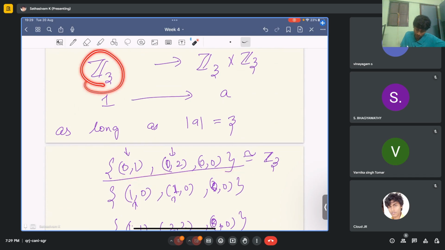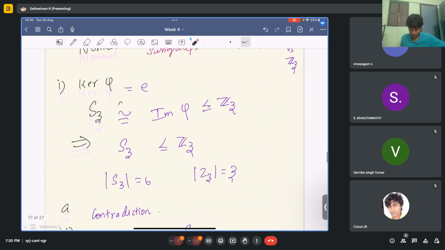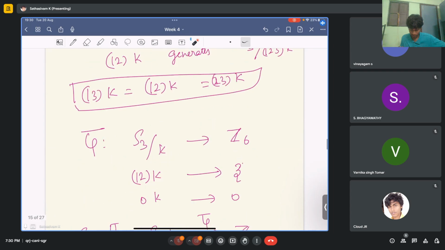So G by kernel, this one is isomorphic to this, but then there are so many ways we can define the isomorphism. The isomorphism can come from mapping this one to this element, or it also comes from mapping this one to this element. Okay, so let's finish the algorithm that we started with.